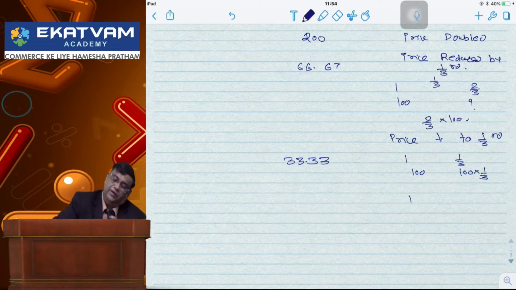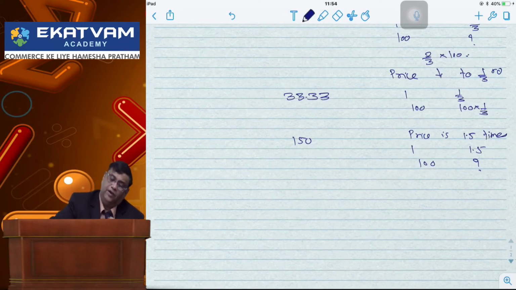If I say price is 1.5 times base price, then what does it mean? 1 has become 1.5, so 100 will become what? So index number will be 150. But if I say price increased by 1.5 times, then 1 rupee gone up by 1.5 to become 2.5.